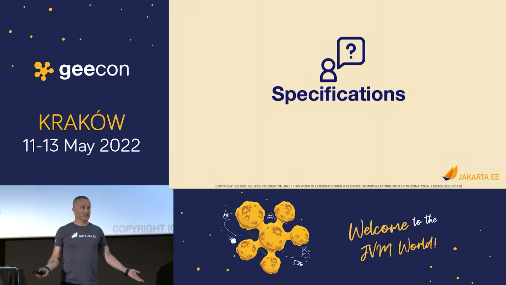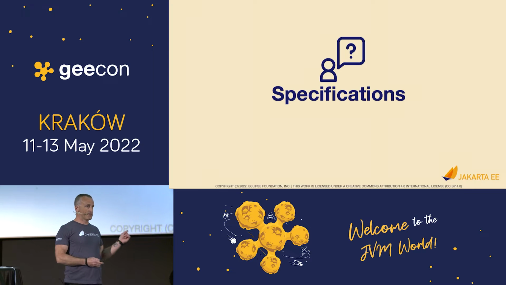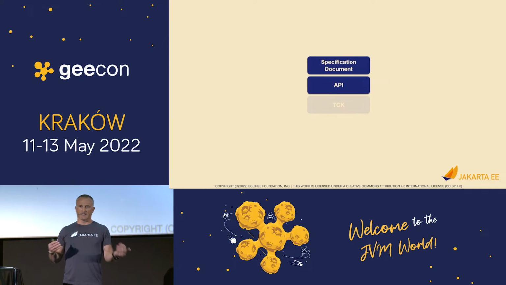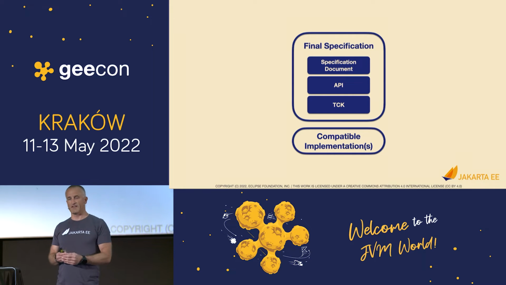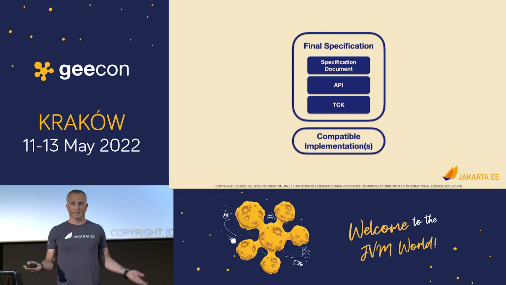So when we talk about Jakarta EE, we talk about specifications. And when we talk about specifications, in our context, we talk about 3 artifacts, or actually 4 artifacts, but the 3 that matter here. The specification is a document that describes the specification.